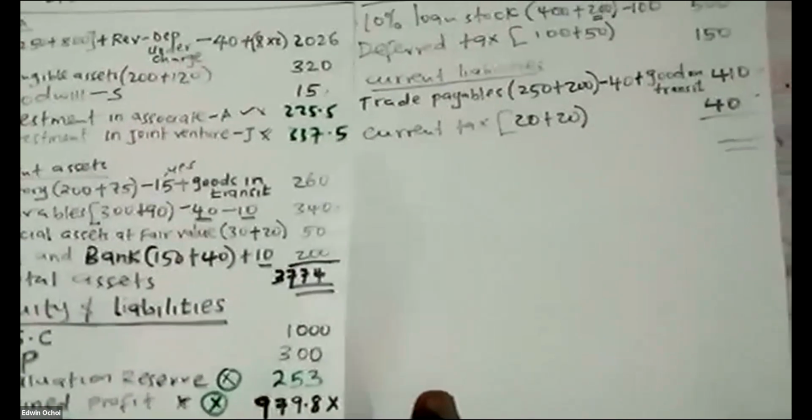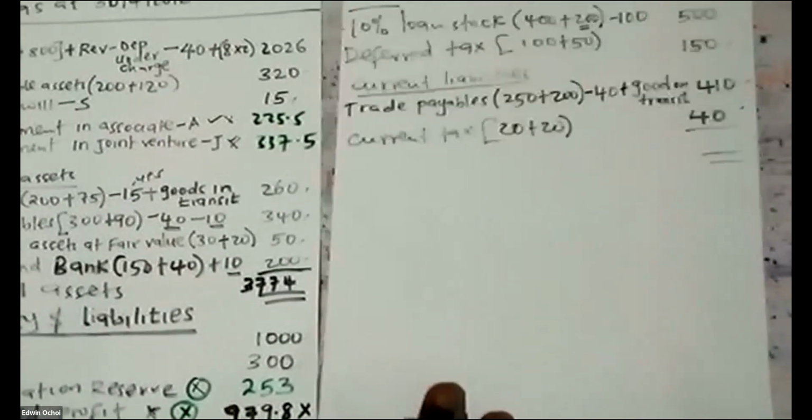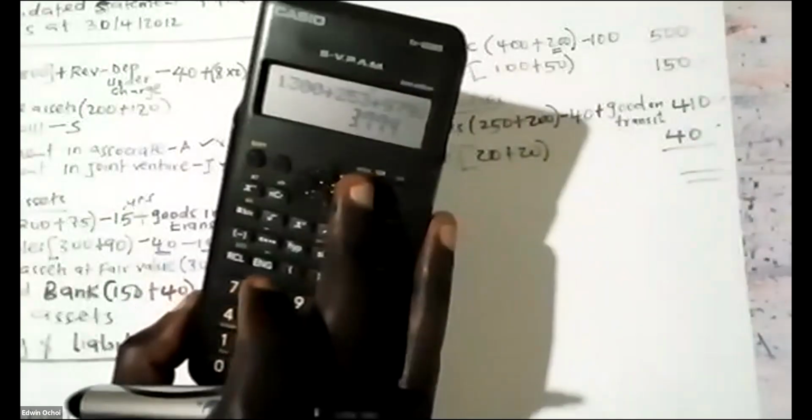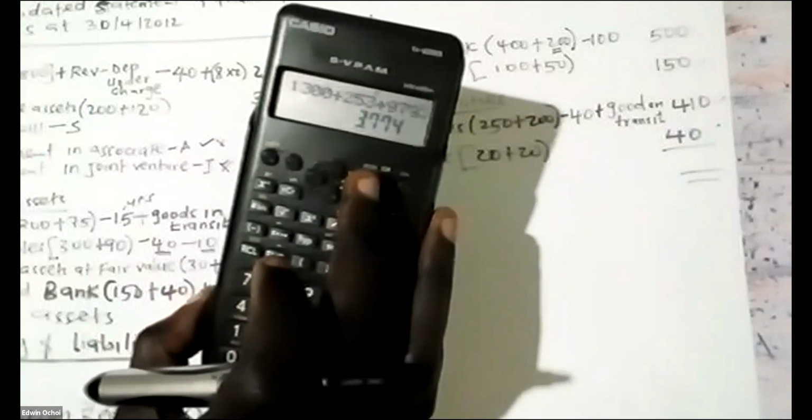Then continue with the non-current liabilities on the other side: 500 plus 150 plus 410 plus 40. I think it's the same. Yeah, it's the same. So 37.74.